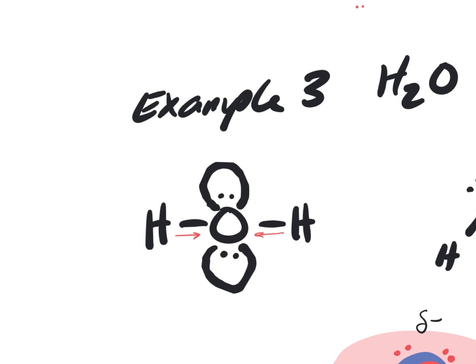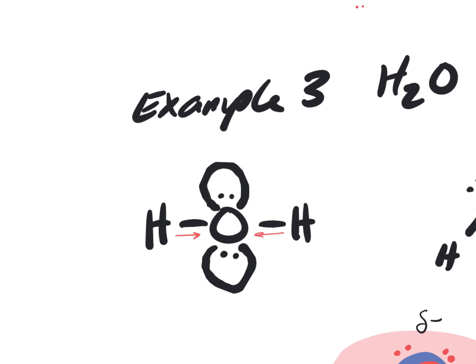We know for sure that water is extremely polar. It's very easy to test that. And in order for water to have the polarity that it does, we know that it's got a bent shape, not linear.